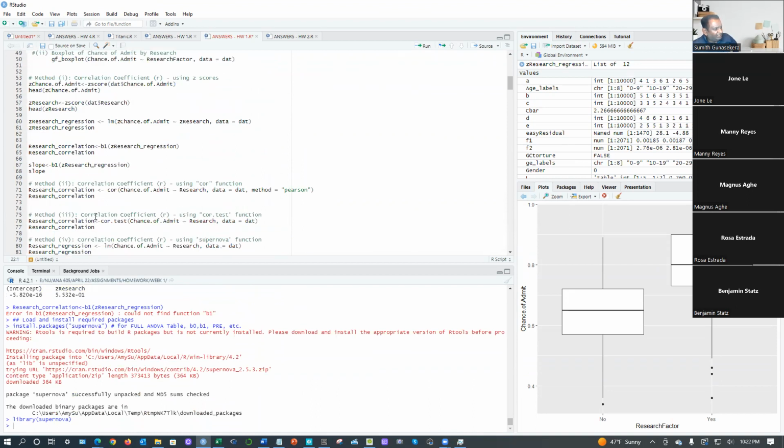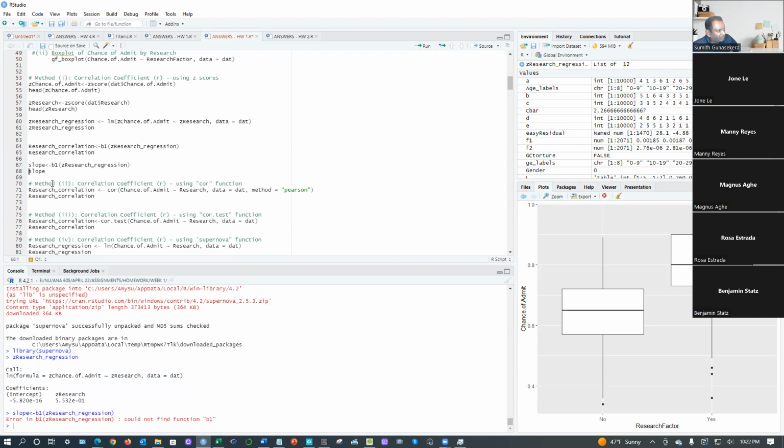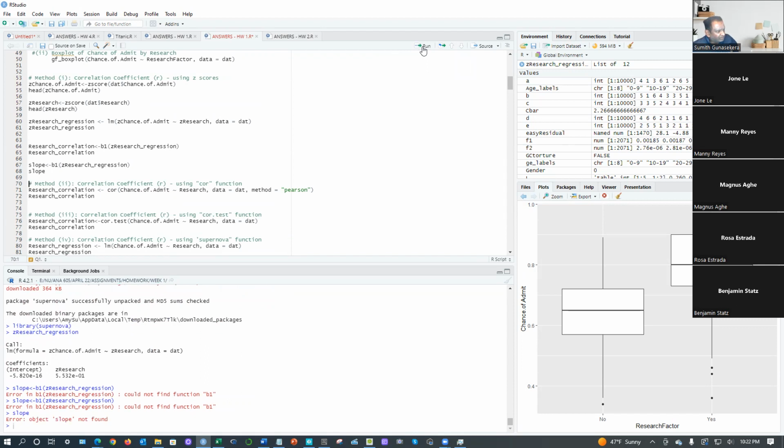Okay, then you can easily see that when you run this standardized regression and go to the slope, it's 0.5532. Can I get this by recalling slope? No, it doesn't work. Not found, but we already installed that.